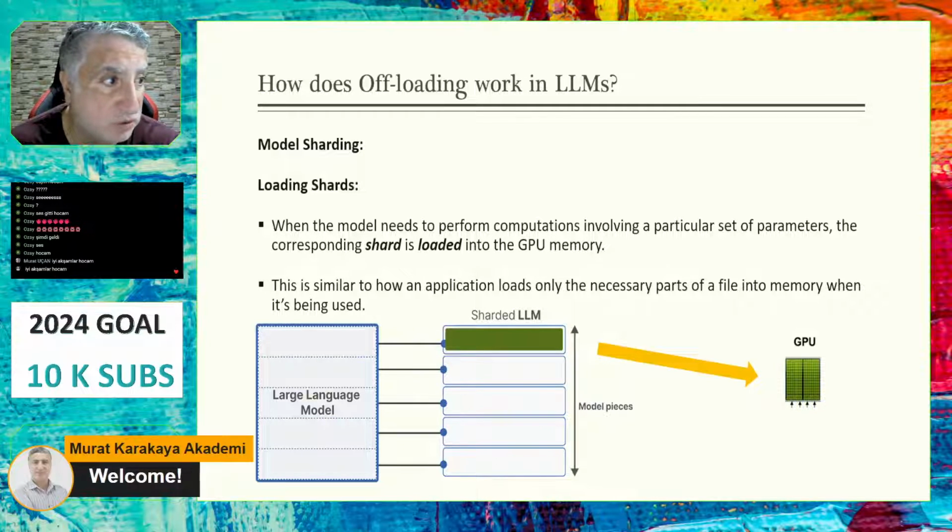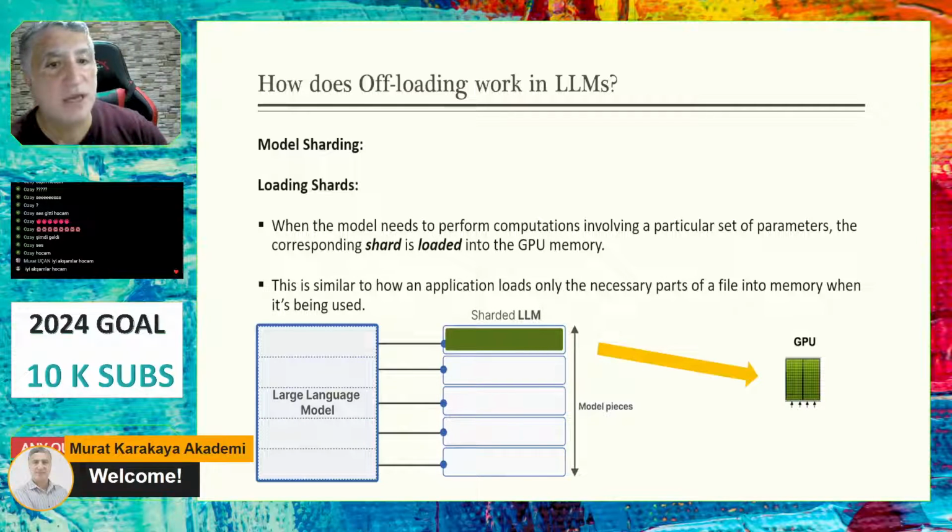The next shard you can go and continue with by providing the output of the recent shard as an input to the current shard. So they can switch like that. That's the main idea.